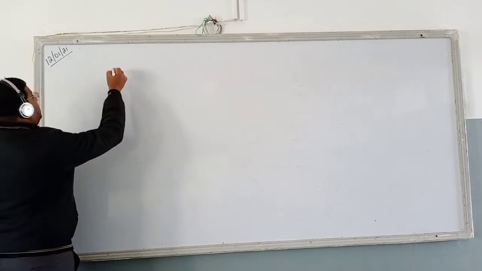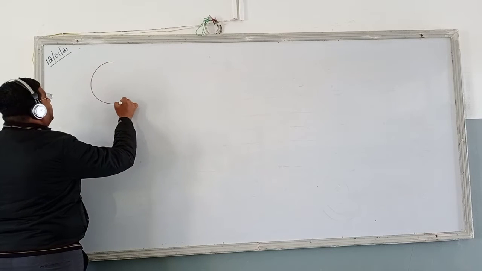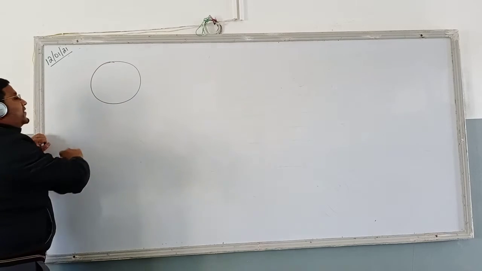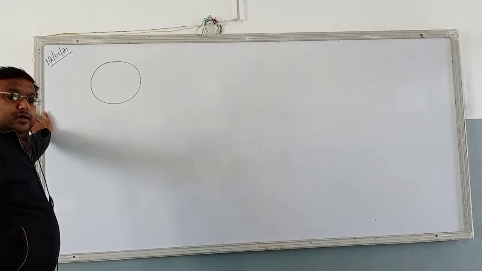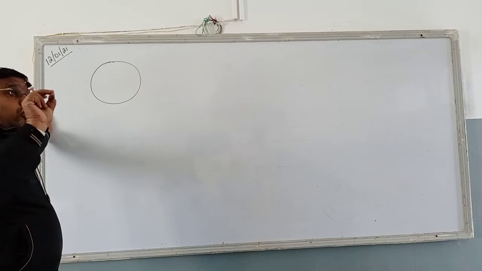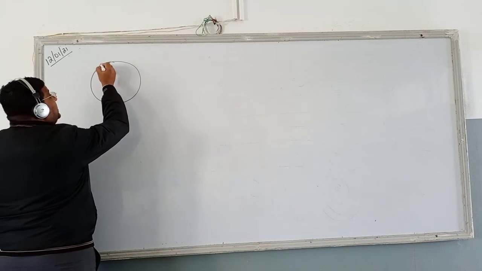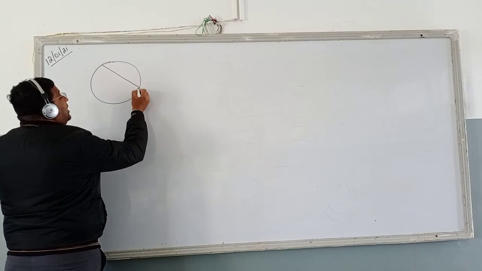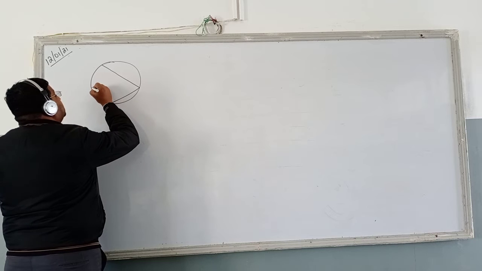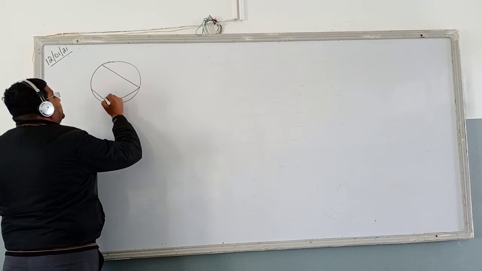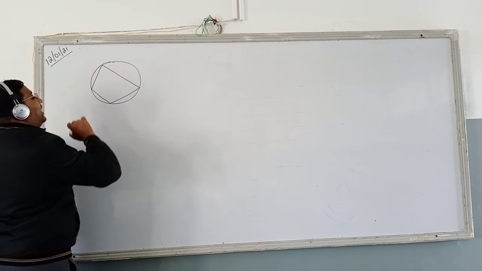Now comes cyclic quadrilateral. What do you mean by cyclic quadrilateral? When the four vertices of a quadrilateral are on the circle, then we say it is a cyclic quadrilateral. Can you see that?